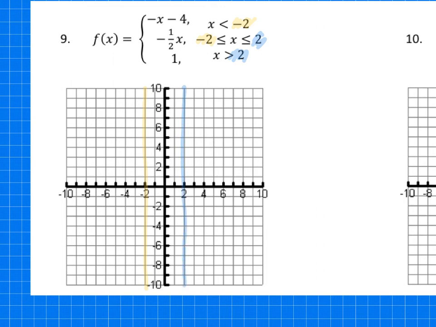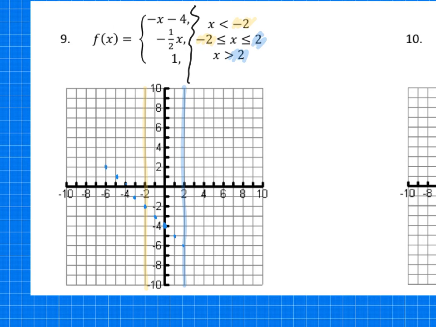My equations, I'm going to go ahead and put a little line between my equations and my domain. So my first equation, -x minus 4, is going to start at -4. It's going to go down 1 and over 1. And I'm also going to go backwards because the domain on that is x is less than -2.